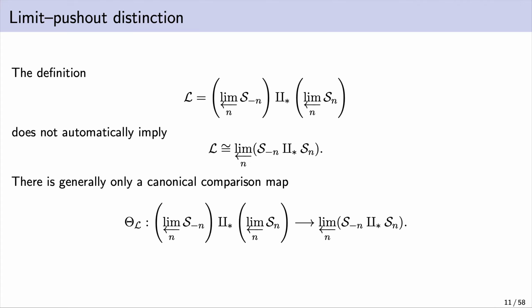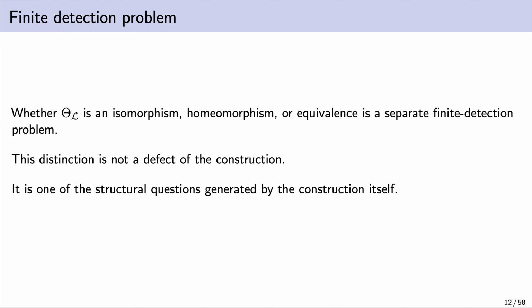So we have to take care with that. In general, there's only a canonical comparison map, theta L. And whether this comparison map is an isomorphism, homeomorphism, or equivalence is a separate problem.